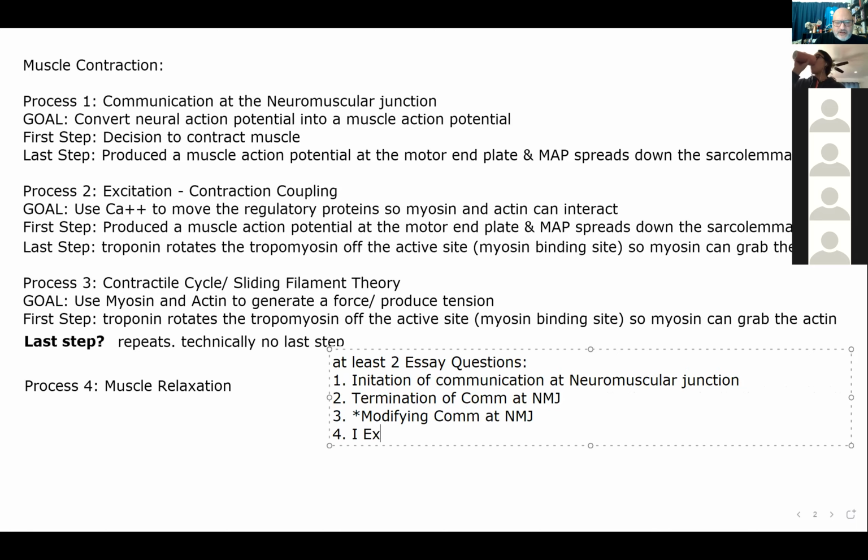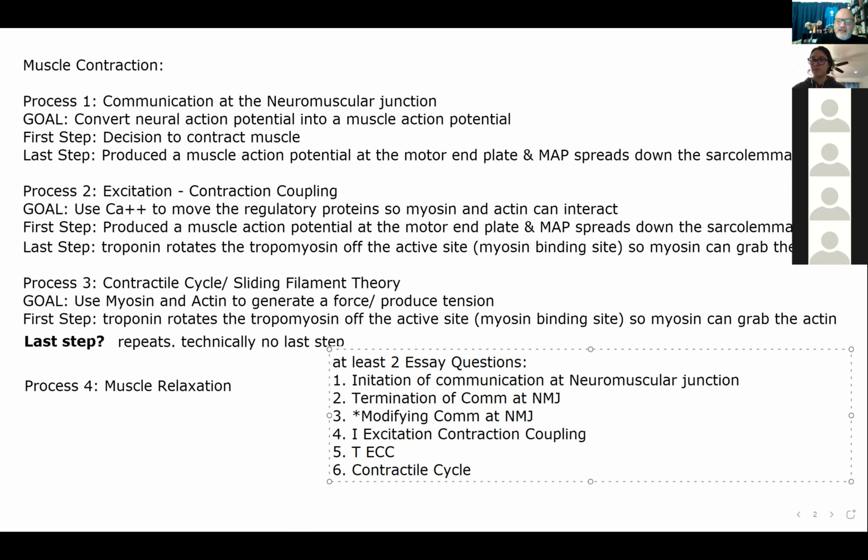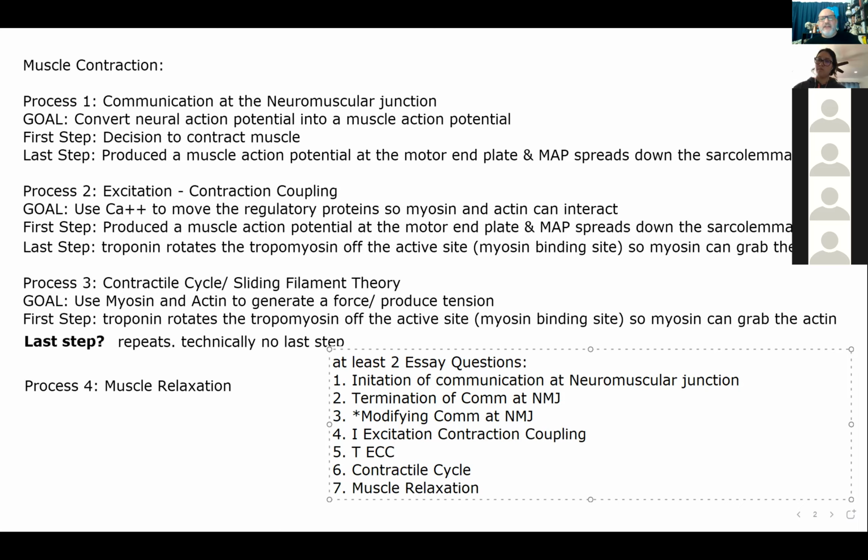Initiation of excitation contraction coupling. Termination of excitation contraction coupling. Contractile cycle. And as you just mentioned, we can also think of as its own independent step, muscle relaxation. Now, the good news is this last essay question does not have any new information in it.